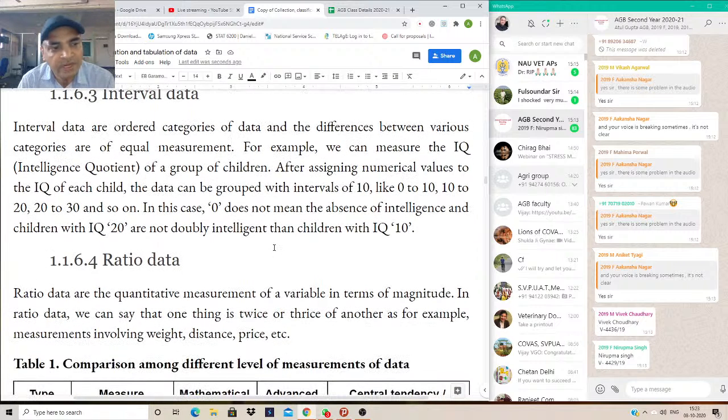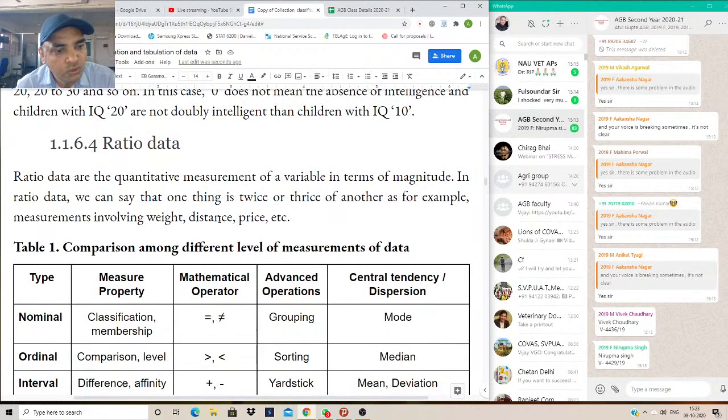After assigning the numerical values to each child's IQ, the data can be grouped into intervals of 10, like 0 to 10, then 10 to 20, 20 to 30, and so on. In this case, 0 does not mean the absence of intelligence. The children with IQ 20 are not doubly intelligent compared to the children with 10, but they have a certain amount of value difference from one class to another. That is, there is a difference or interval of 10, 10, 10. Okay, so such type of data is interval data.